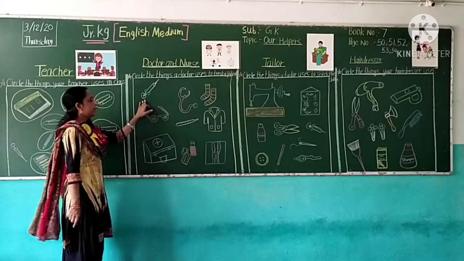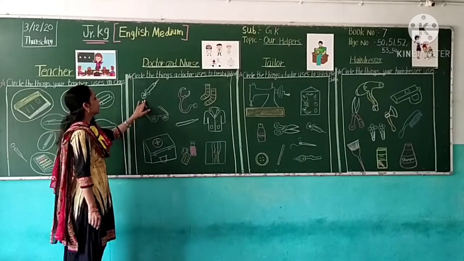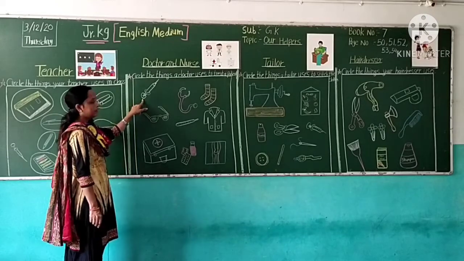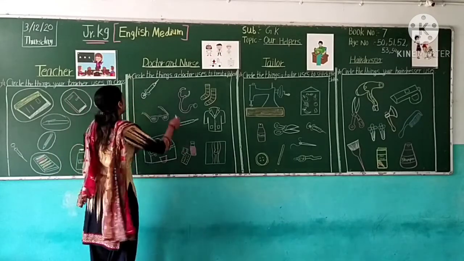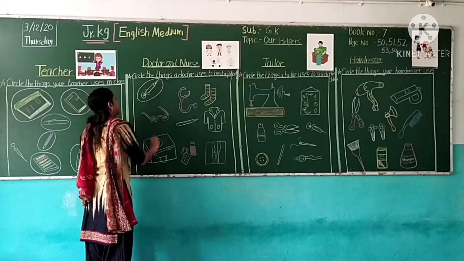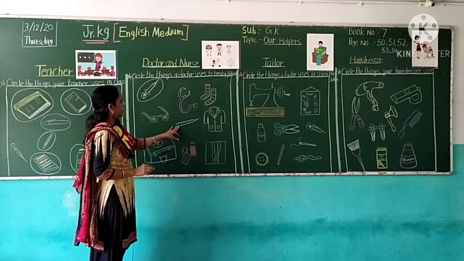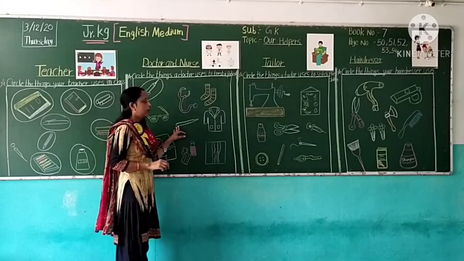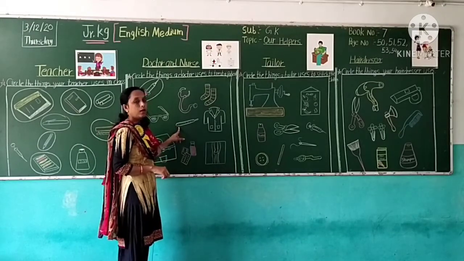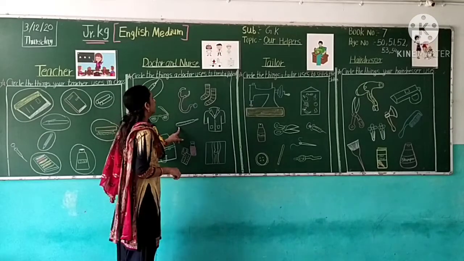So what is this? Injection. These things are used by the doctor. So circle the injection. And next, what is this? Tell me. Thermometer. These things are used by the doctor.